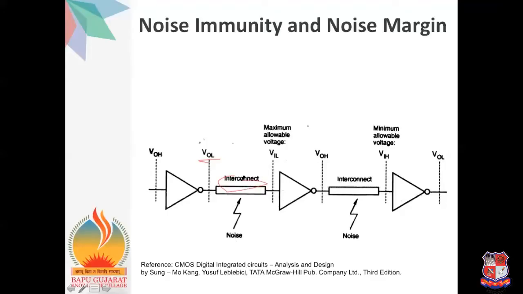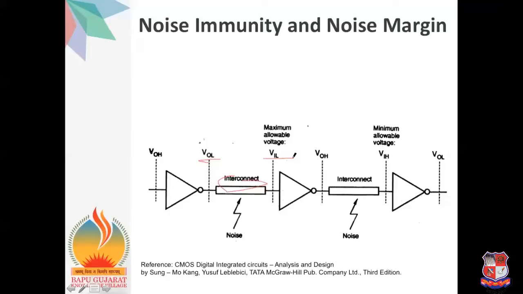On the other hand, if the input voltage becomes larger than the maximum allowable voltage VIL as a result of noise, then it may not be interpreted correctly by the inverter. Thus, we conclude that VIL is the maximum allowable voltage at the input of the second inverter which is low enough to ensure a logic 1 output.